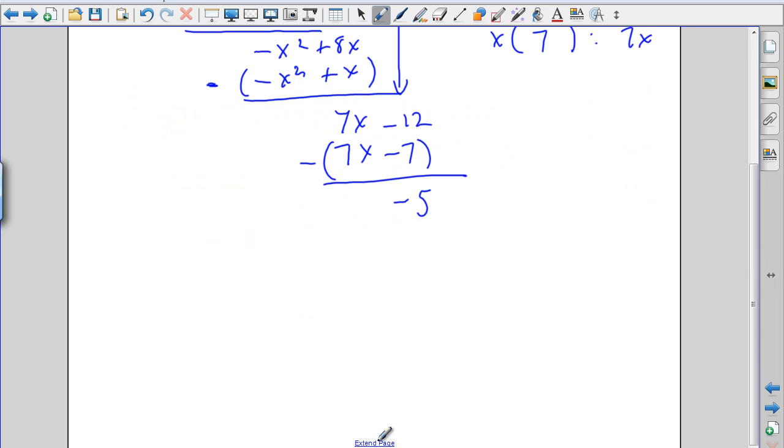Now sometimes we want to write this in different forms, and the textbooks ask us to write it in something called the quotient form.